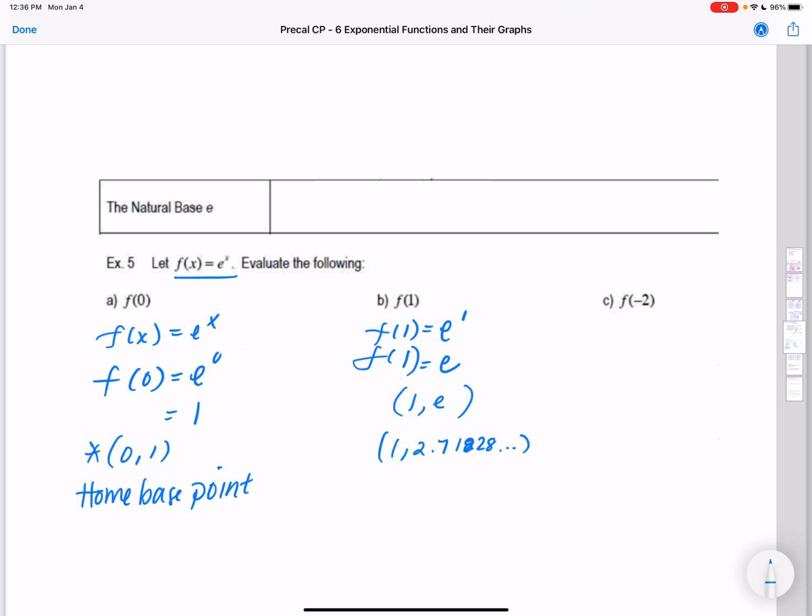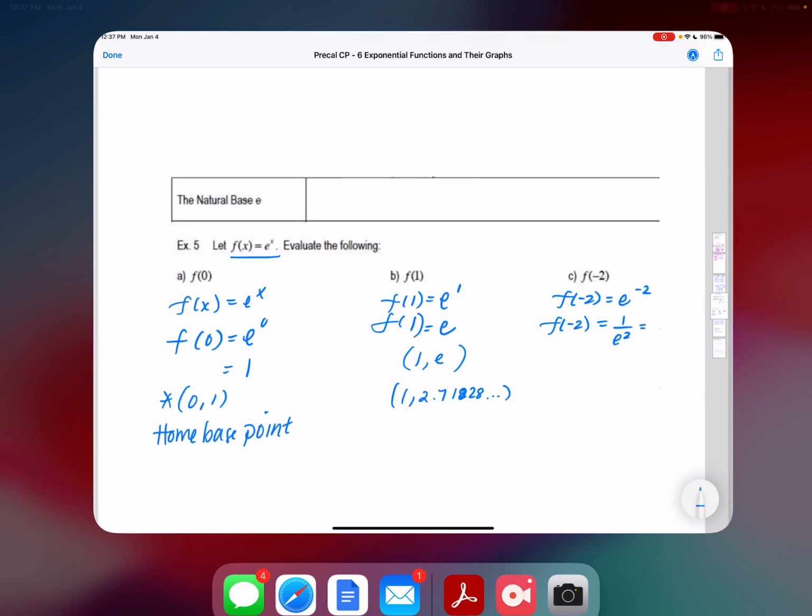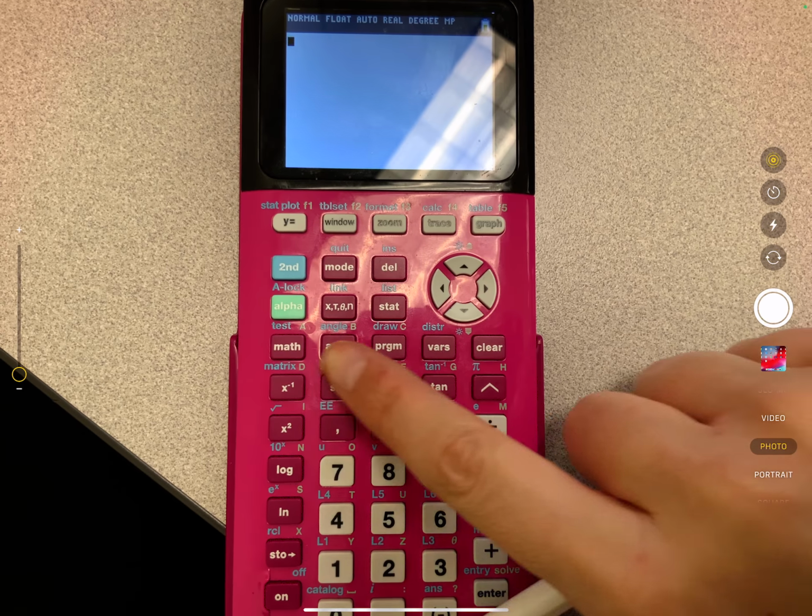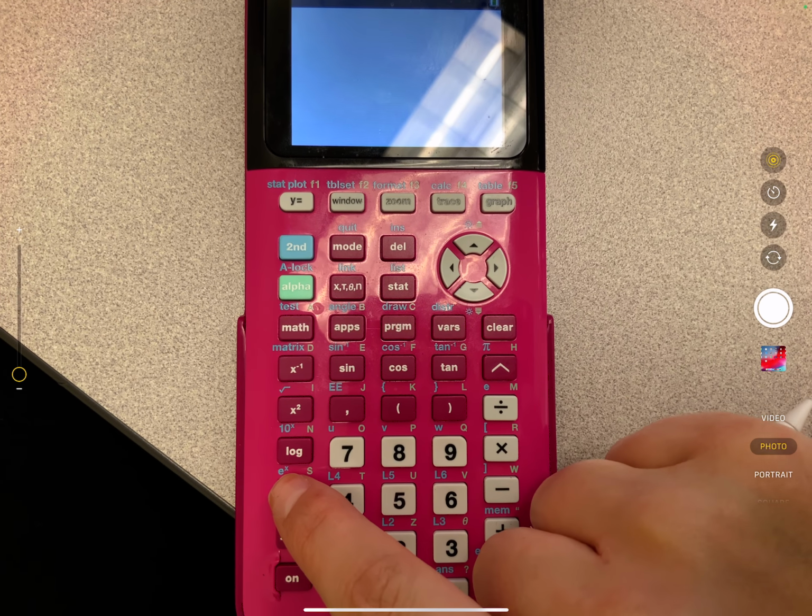And then what if it's negative 2? f(-2) would be e^(-2), which is 1 over e squared. To do this on your calculator, I'll show you in case you're not sure. Over in this column, you see that blue e to the x.